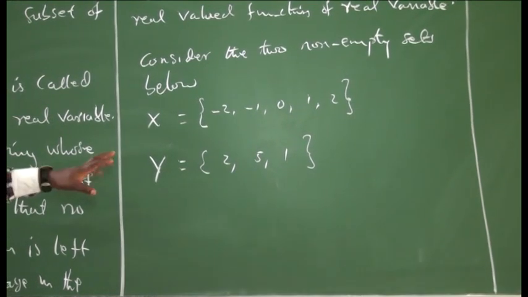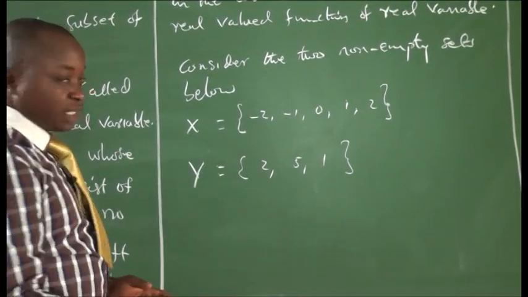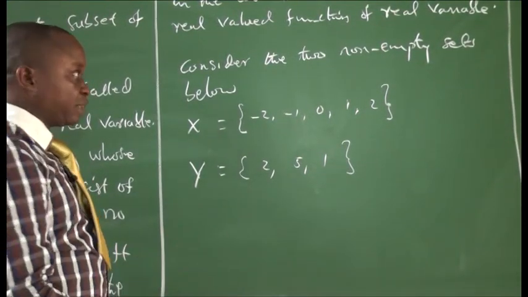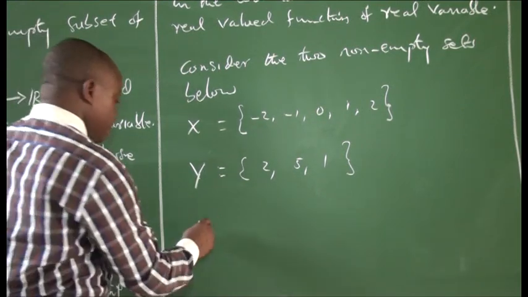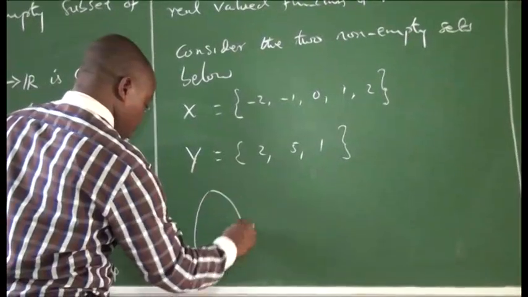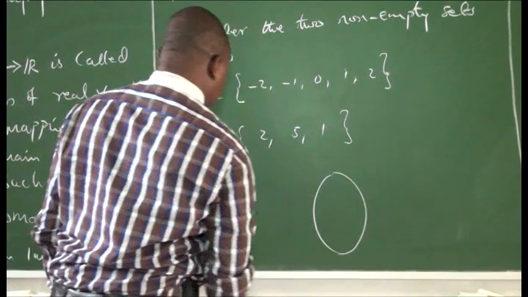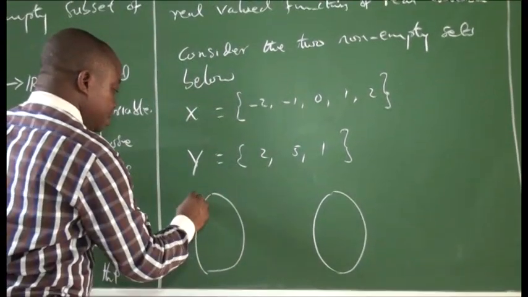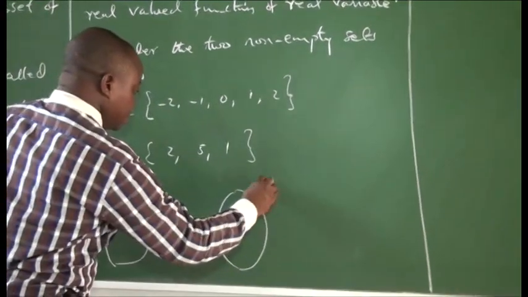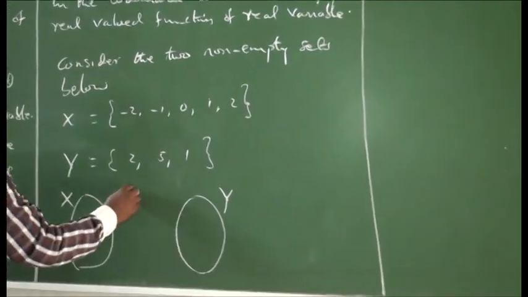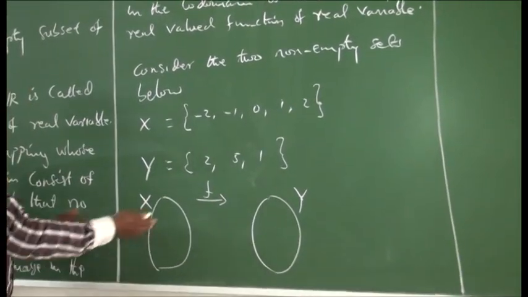Now, I want to put it in a diagram called an arrow diagram so that we can see the mapping and know what we mean by function. This is the arrow diagram. This is set X, and this is set Y. There is a rule F that assigns elements from here to here.